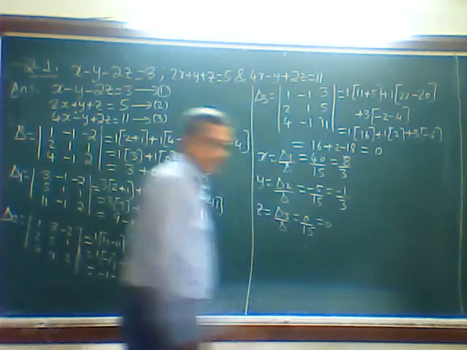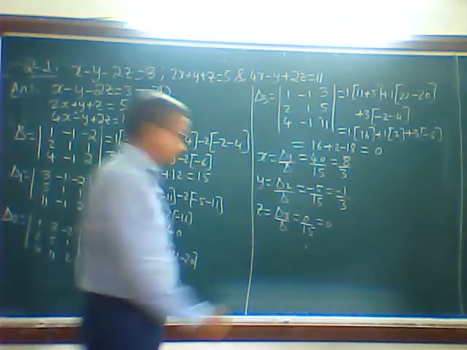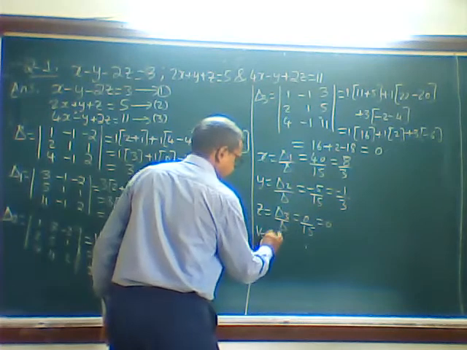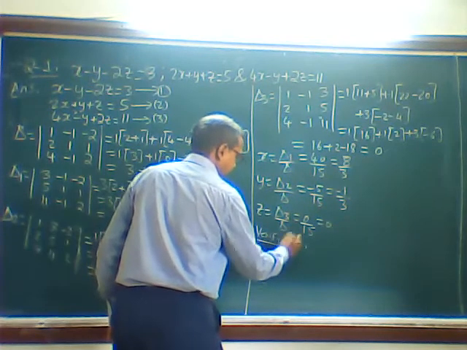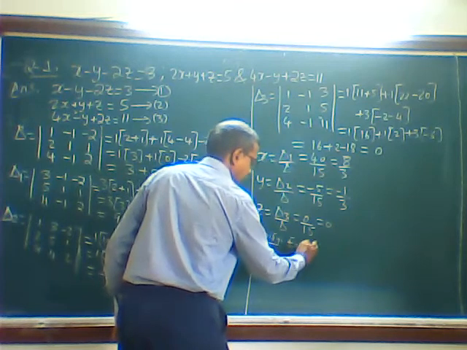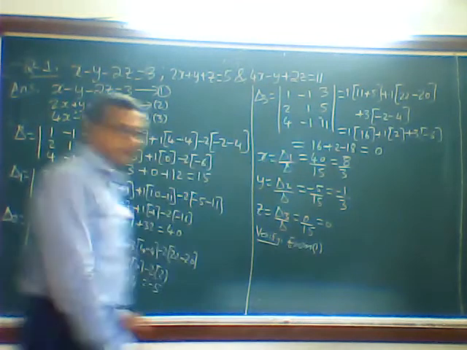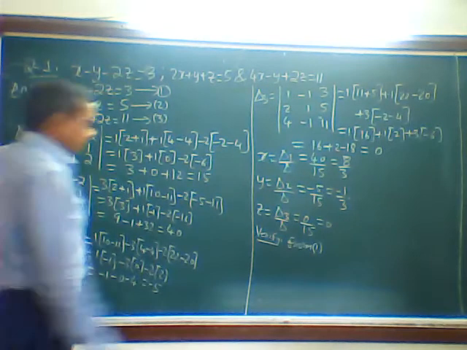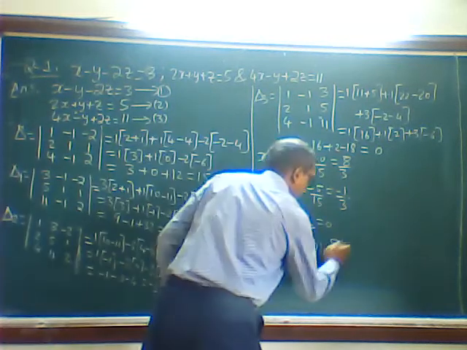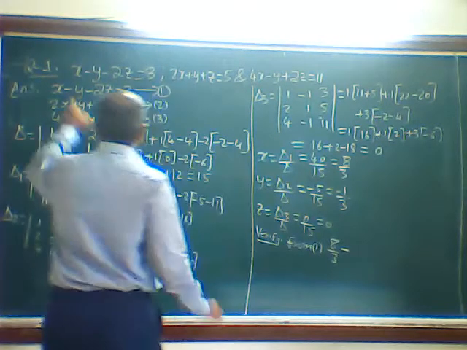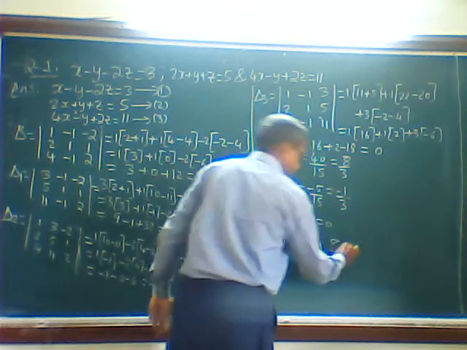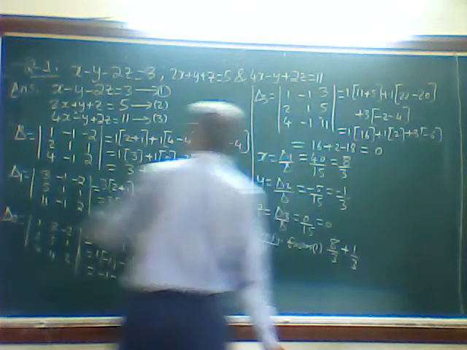Now we will verify, we will check whether our answers are correct or not. Verify. I'll take equation 1. X, what is x here? 8 upon 3. Minus y, minus minus plus 1 by 3.